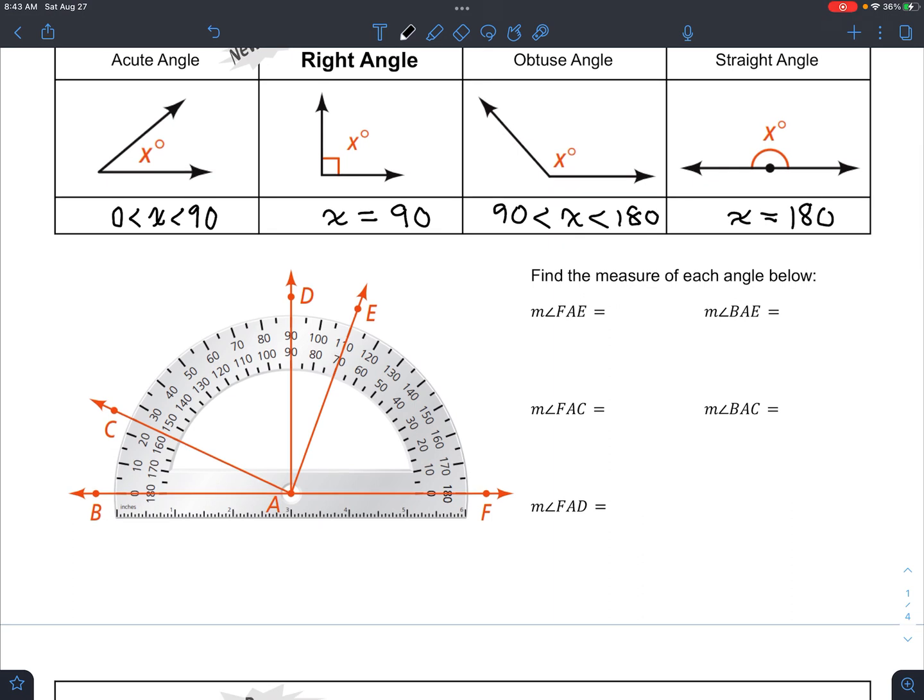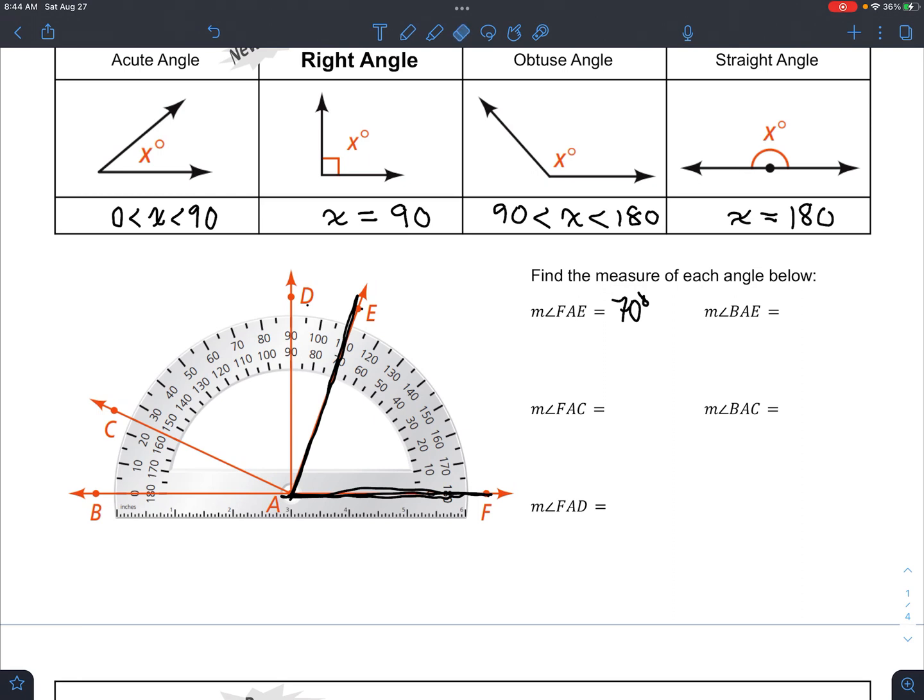So we can use protractors to measure angles, and it depends where the first letters are. So FA means we're starting here, and then we're going to the third point there. That angle looks like it's acute, so 70 would make sense for that measure.